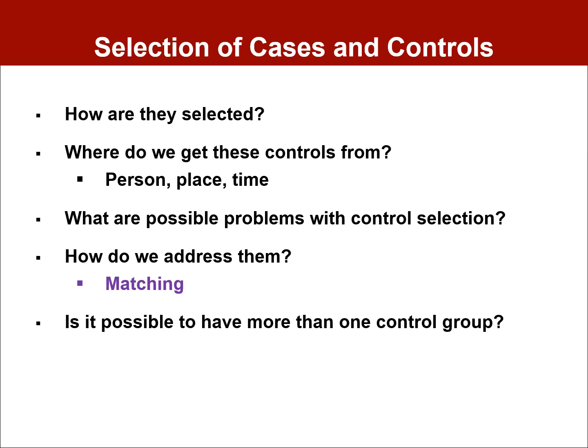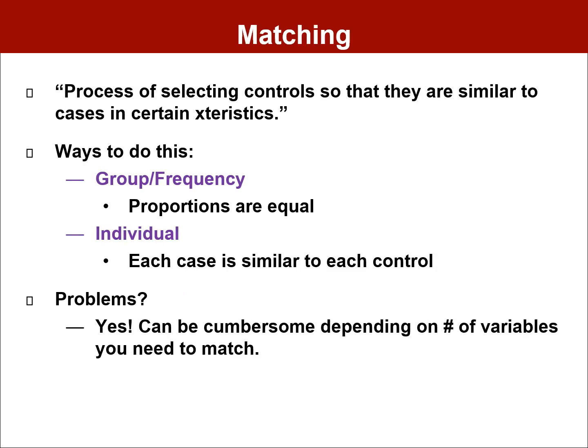Okay. So let me talk about matching in further detail here. What is matching? Matching is the process of selecting controls so that they're similar to cases in certain characteristics. Again, this is just what I stated on the previous slide. How do we do this? It can be done at 2 levels.